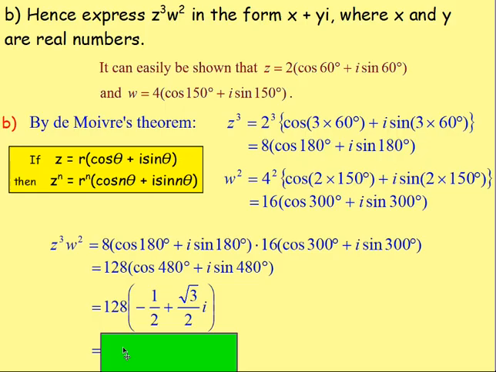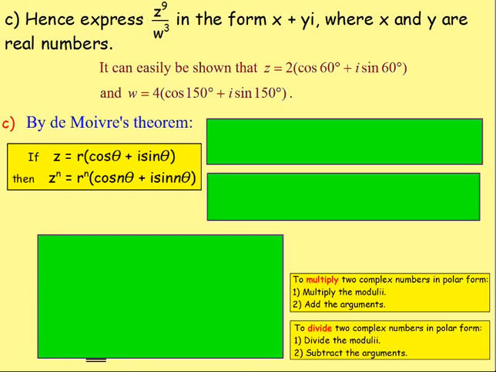After that, multiply the brackets. 128 times negative 1/2 will give you negative 64. And if you have the root 3 over 2i, multiplying that by 128 as well, that will give you 64 root 3i. And that will be your complex number in the form of x plus yi.